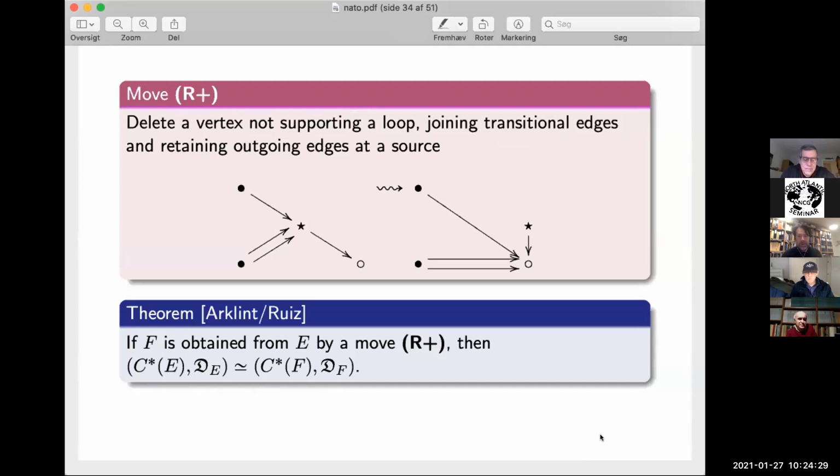Somehow you need to use this source to get the map, and in order to use the gauge invariant uniqueness theorem, you're going to have to change the grading. You have to use a different gauge action than the one that's natural in the target. And that's also the reason why these are not invariant in the more restrictive sense.